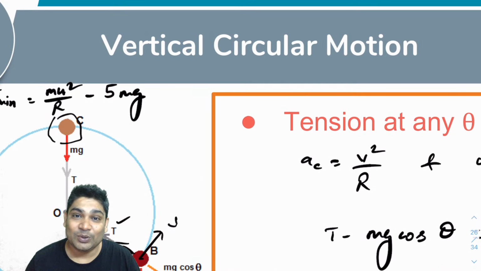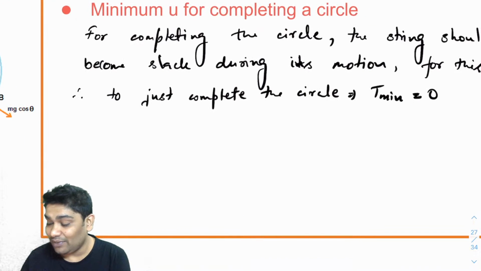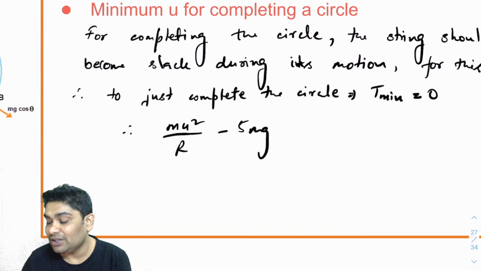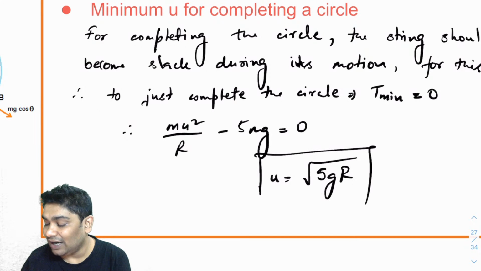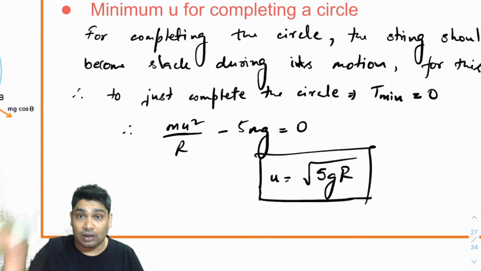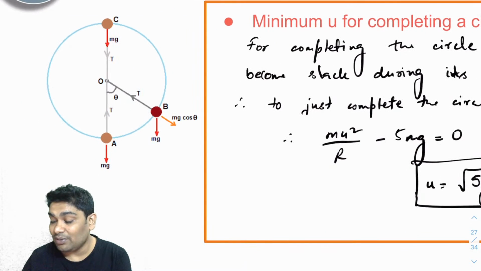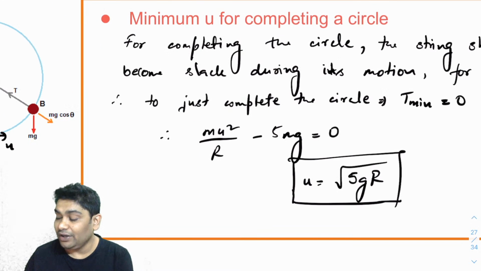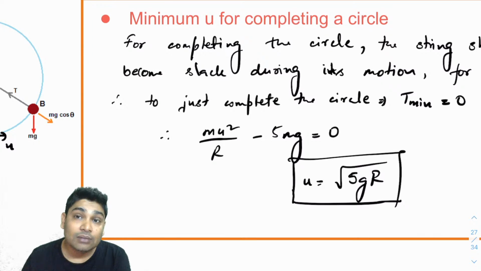T min was mu square over r minus 5mg. So mu square over r minus 5mg should be equal to 0, which will give me u equals root 5gr. That is the initial speed. If you give this initial speed, then the particle would be able to cover the complete circle. So please remember that u here should be a minimum of root 5gr. If it is greater than root 5gr, then obviously I don't have any problem, but this is the minimum value.